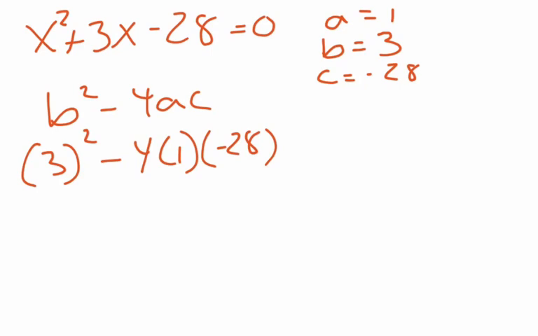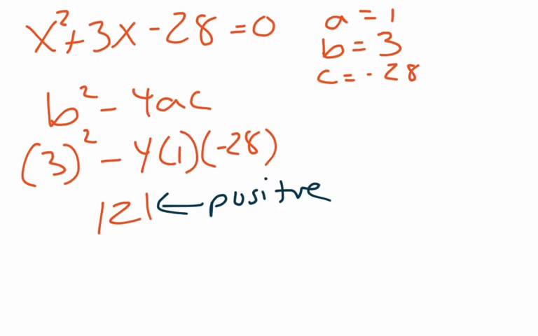And that ends up being 121, which is positive. And it means that when I solve this problem, I will get 2 real answers for it. So let's go ahead and solve it.